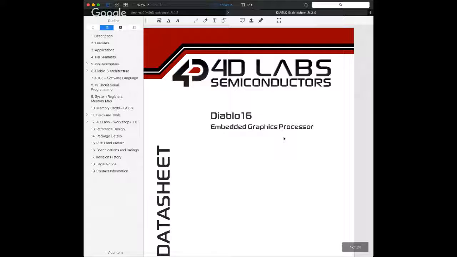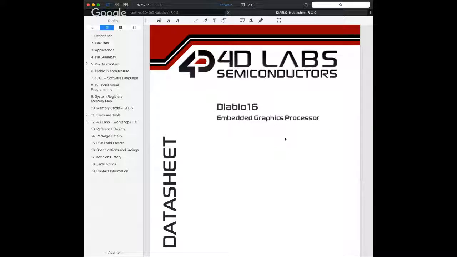It's actually an embedded graphics processor. So I guess in a way, it can do so much more than the normal MCUs or microcontrollers. So yeah, it's befitting to call it a processor. Right. So I will be digging into this.